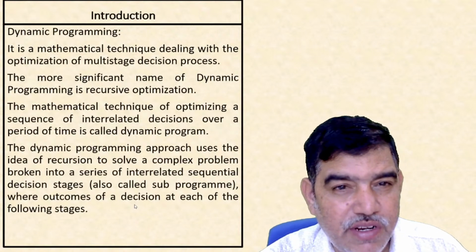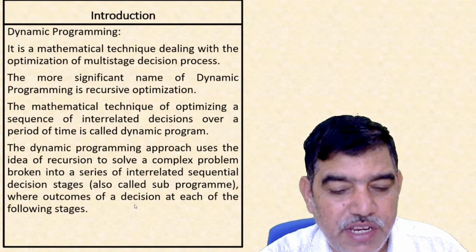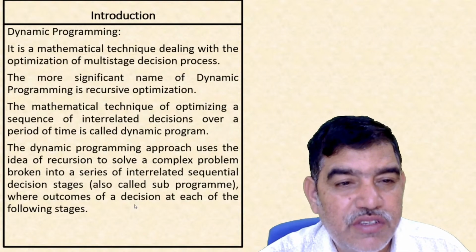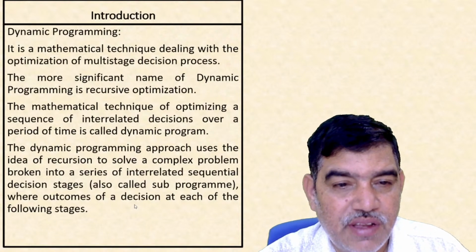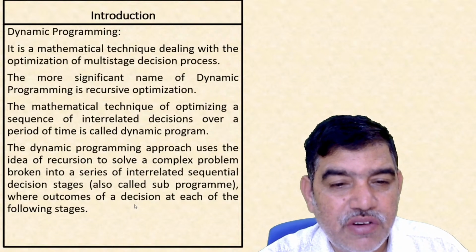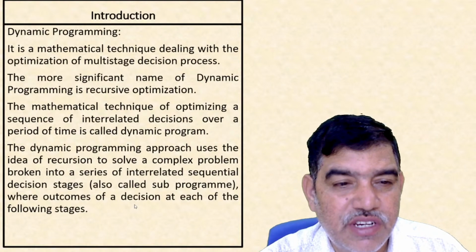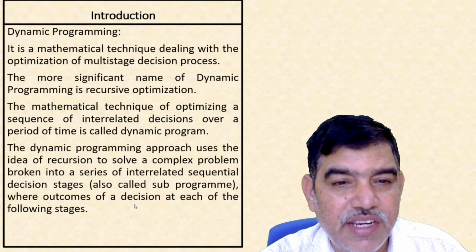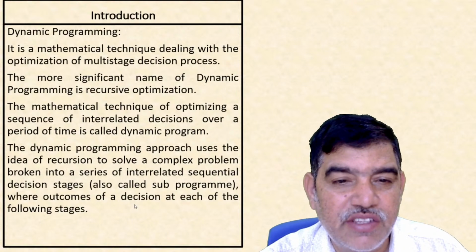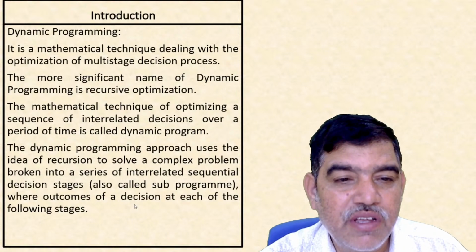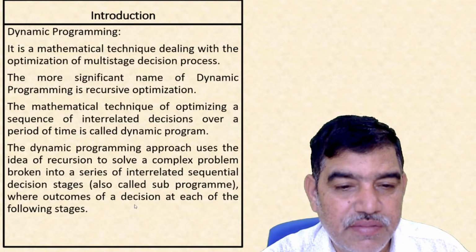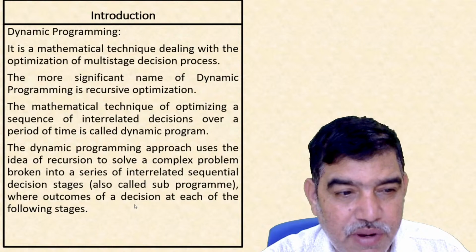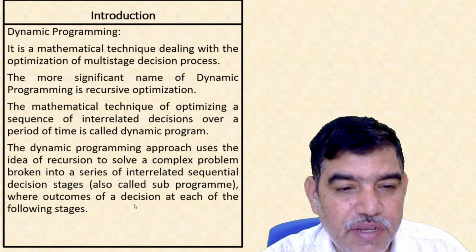Dynamic programming means what? It is a mathematical technique to split a larger problem into different subproblems, and the subproblems are known as your stages, and the link between the two different stages is called your state variable. The mathematical technique for optimizing a sequence of interrelated decisions over a period of time is called dynamic programming. And this dynamic programming problem is used to solve the LPP.